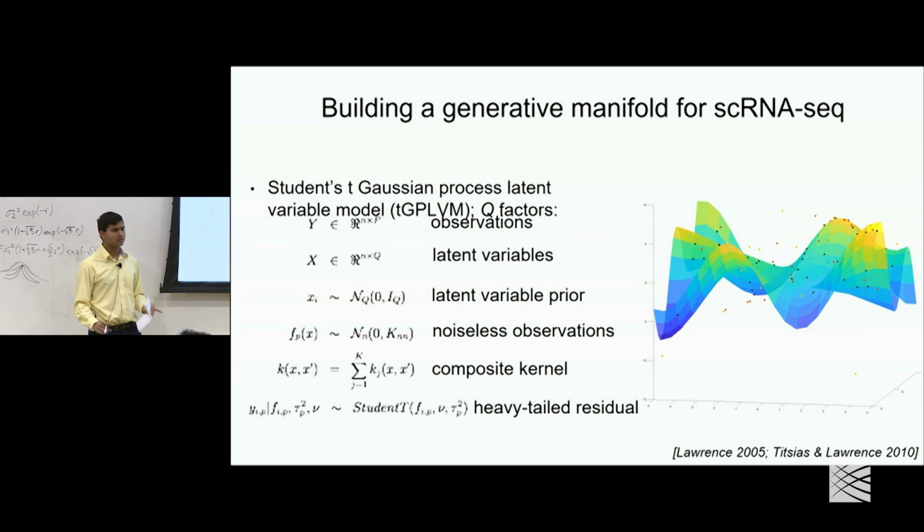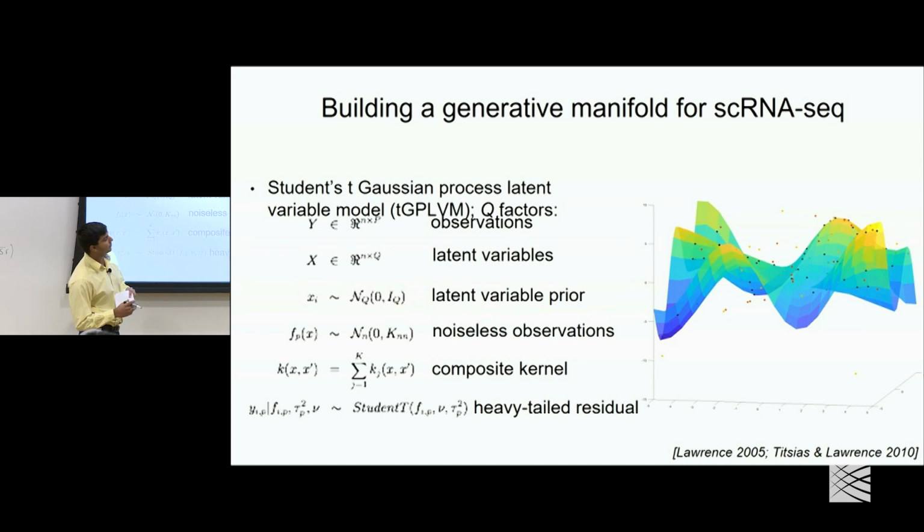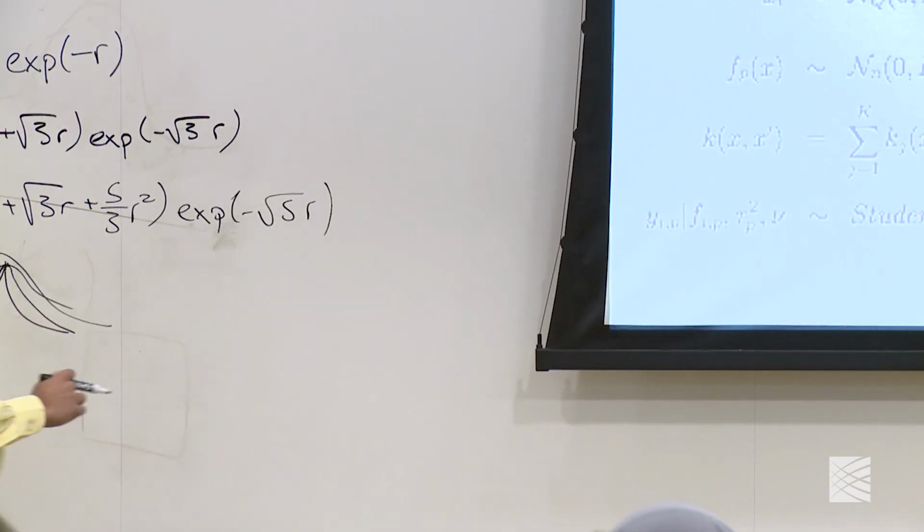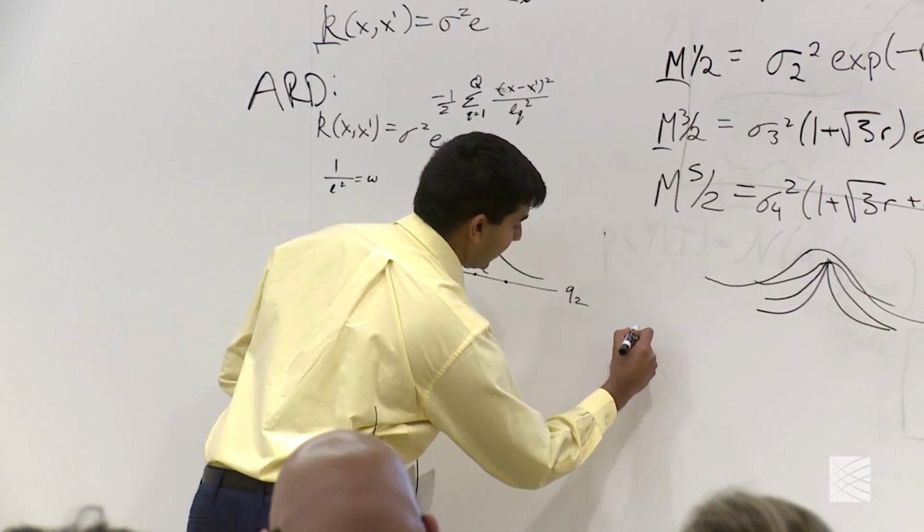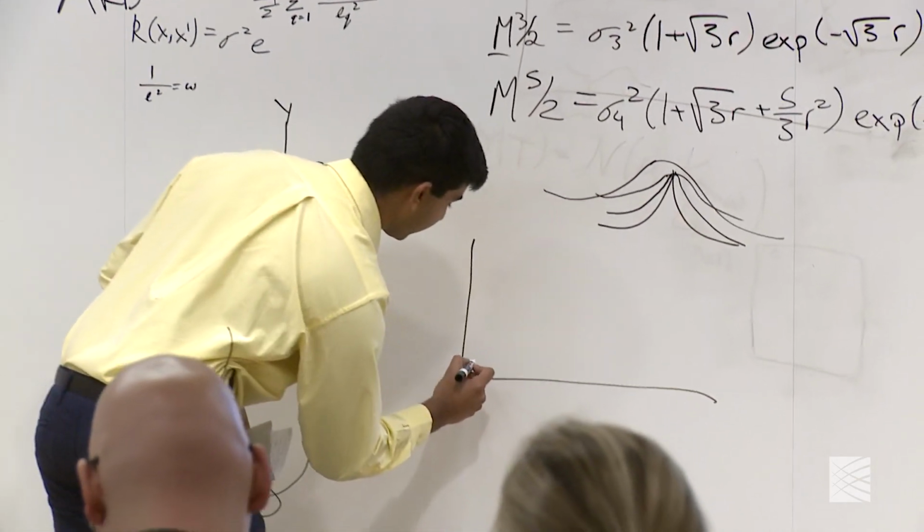So your y is in 3 dimensions? Here, let's say there's a 2-dimensional latent space, a 2-dimensional surface, but we see a 3-dimensional manifold. So x is n by 2, f would be n by 3, y would be n by 3. Let's bring it back to 2D real quick.